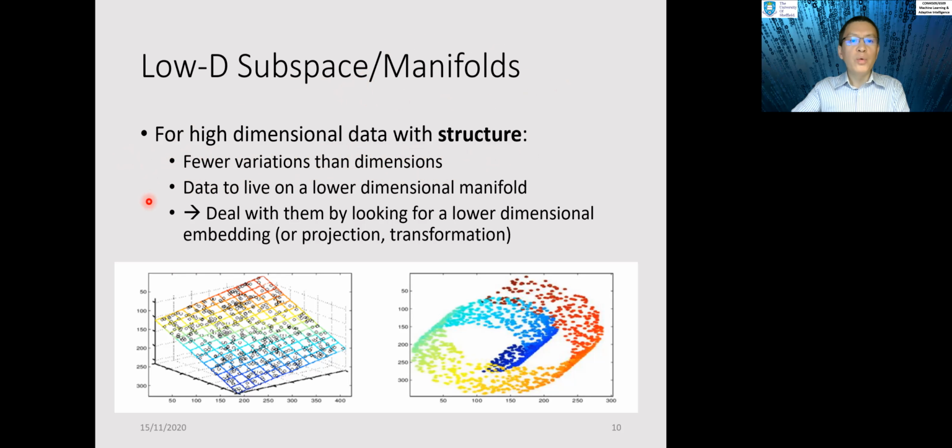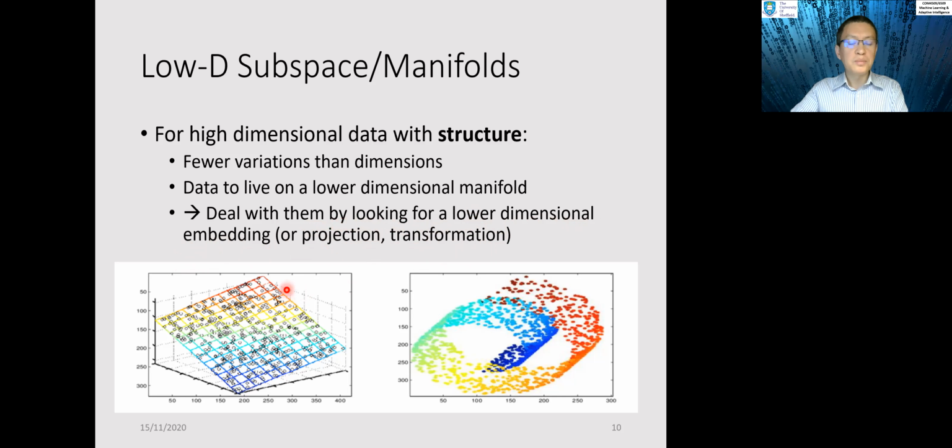And therefore, we assume the data to live on a lower dimensional manifold. And therefore, we will deal with such high dimensional data by looking for a lower dimensional embedding, or we also call it projection or transformation, right? So embedding, projection, or transformation, they mean the same thing in the context of dimensionality reduction, right?